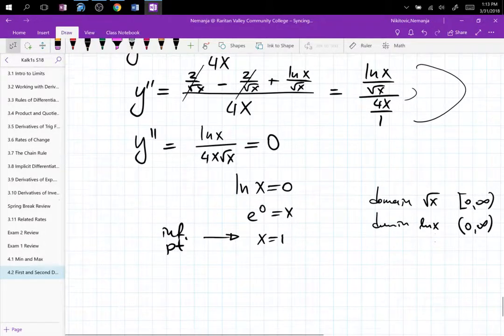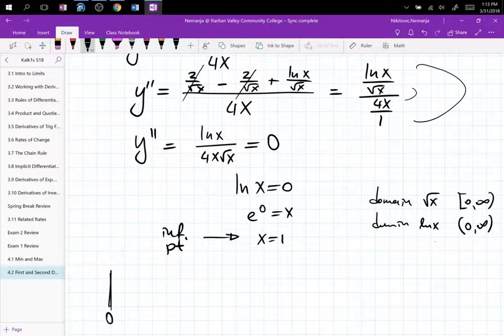So now when I do my partition, I know that I am partitioning at 0 because I have a vertical asymptote there. Going towards infinity, I'm partitioning also at 1. That's the inflection point. So for the first derivative test, your partitions are critical points. For your second derivative test, your partitions are inflection points and asymptotes, right?